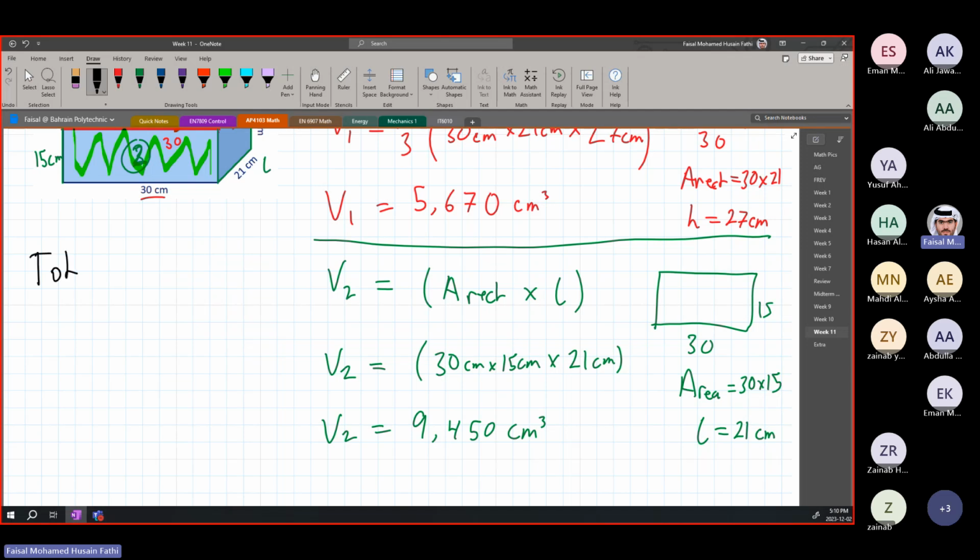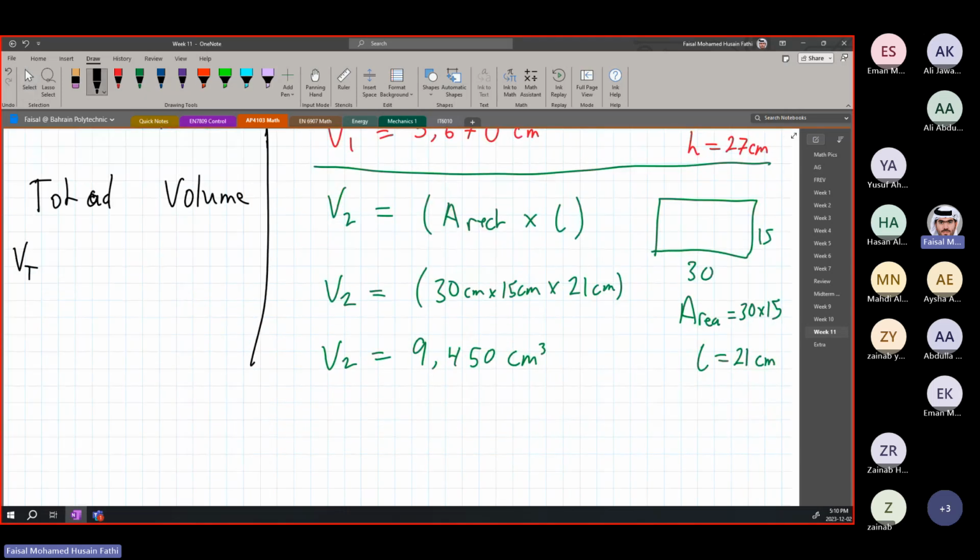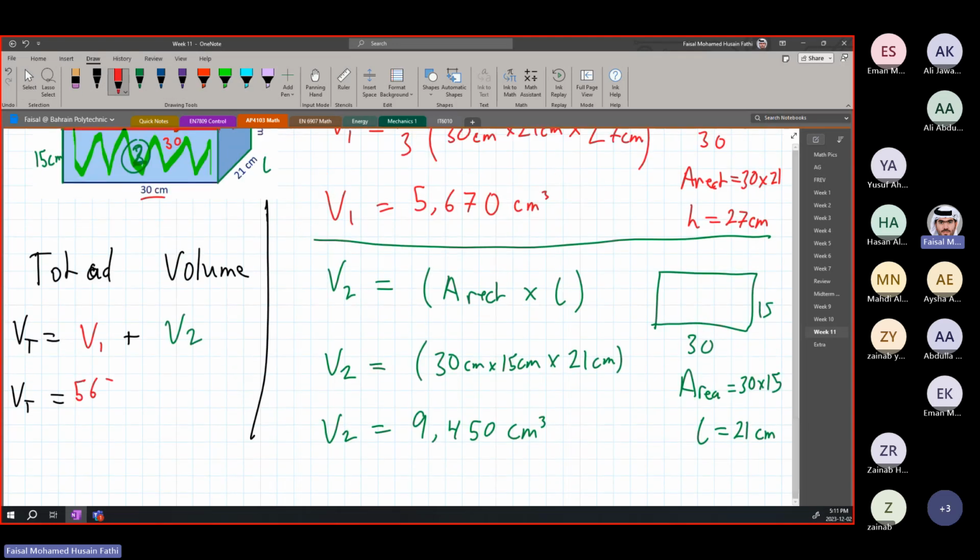Total volume. What are we going to do? V total is equal to, in this case, simple addition, V1 plus V2. What's V1? 5,670 plus 9,450 centimeters cubed.